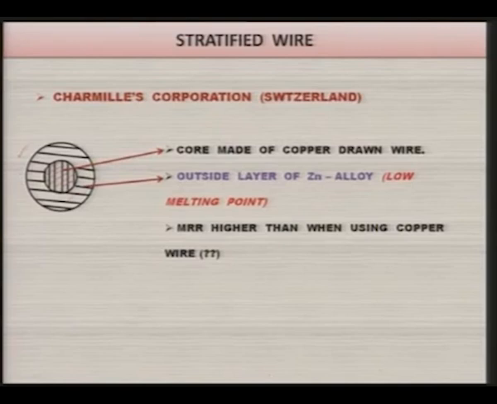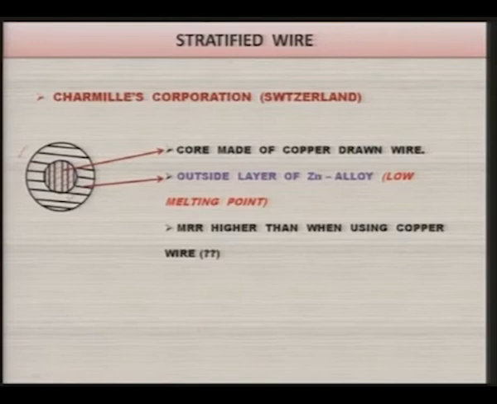The point to be noted here is that whatever the coating is made of, it should have a melting point much lower than the core of the wire, that is the copper in this particular case. So, MRR is higher than when using copper wire alone.